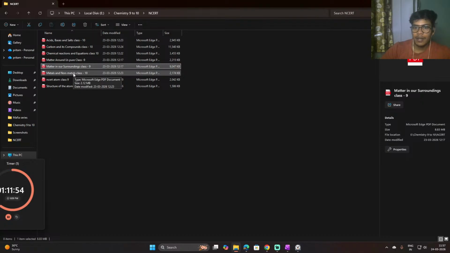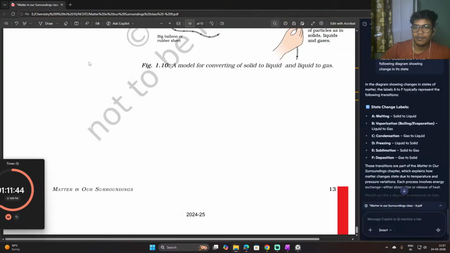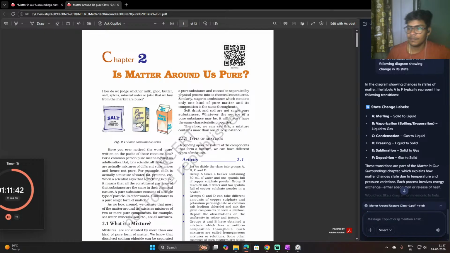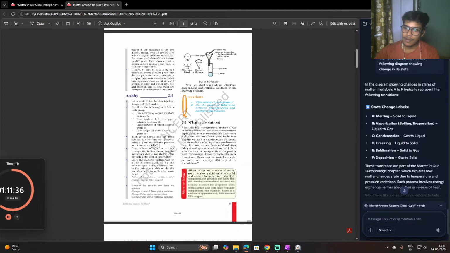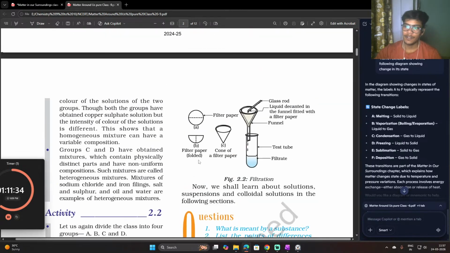Is matter around us pure or not? This is chapter 2.